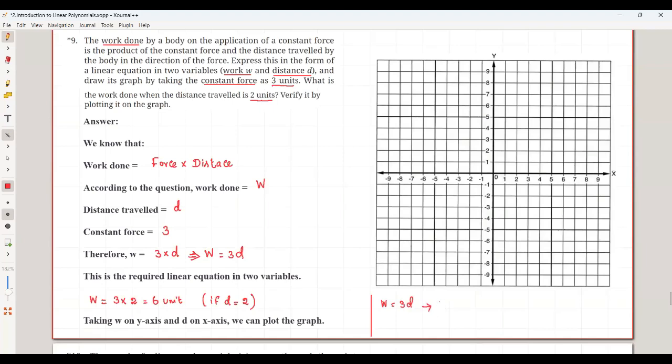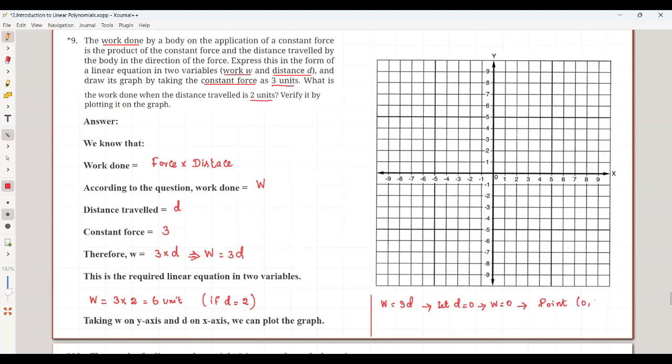For this, I'm going to take D is equal to 0 first. D is 0 means you'll be getting W also 0. That means the first point is 0, comma 0.